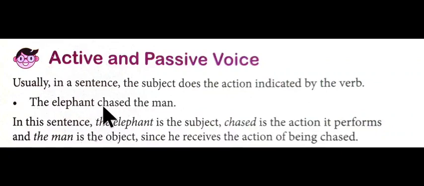And what is the action here? Chased. And what is the part of the sentence that is receiving the action from the subject? The man is receiving the action from the subject, the elephant. So here the man is the object. Generally the subject is the doer of the action.